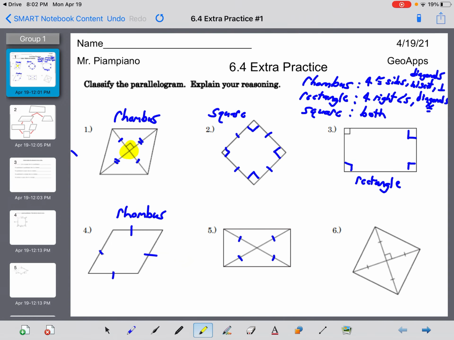Since these all have 1 tick mark apiece, instead of in our other example where we had 1 and 1 and 2 and 2, we know that this is a rectangle. Okay, and for number 6, again here we have your diagonals being cut in half, so our diagonals are congruent. We have a center of 90 degrees. Okay, again, this is a rhombus.